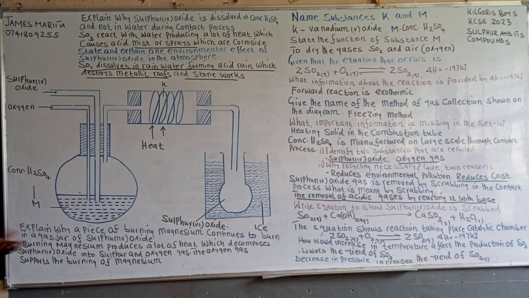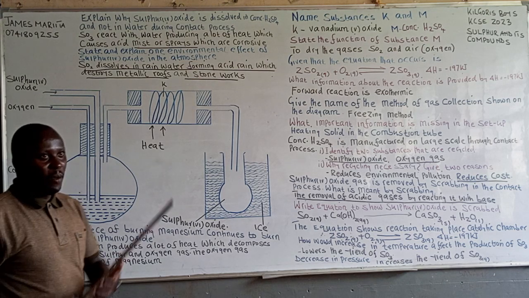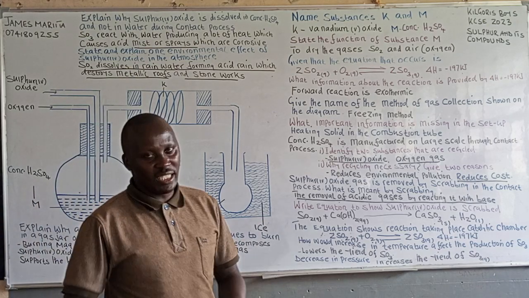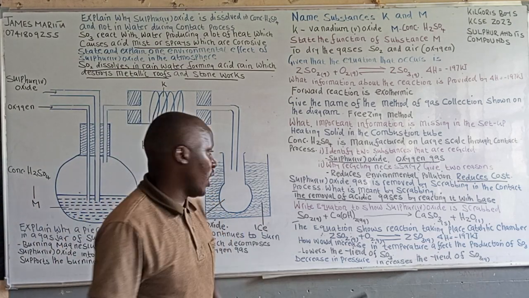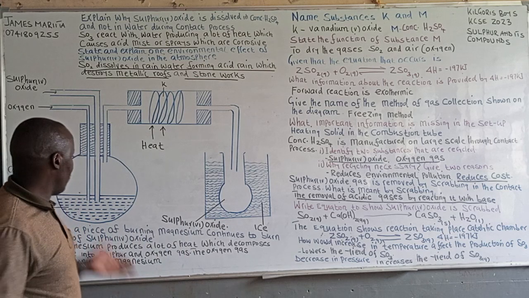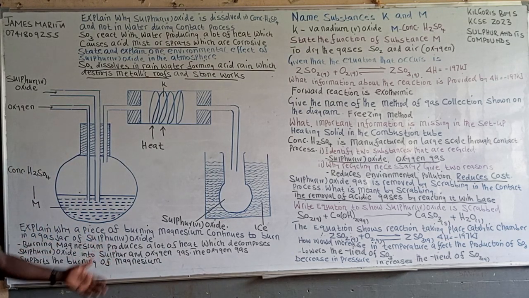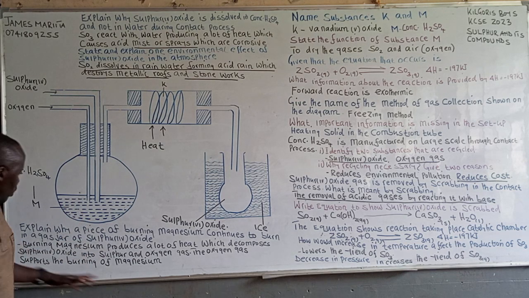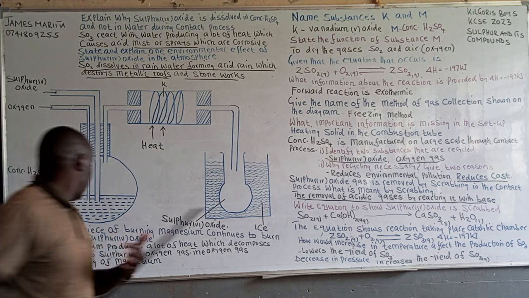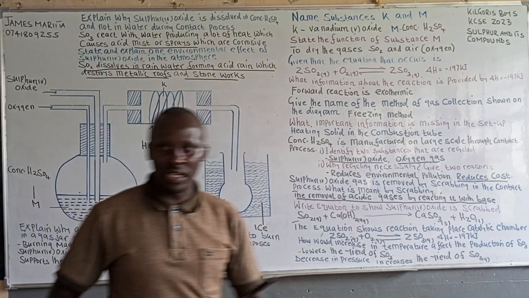Another very important question also: explain why a piece of magnesium metal continues to burn in a gas chamber full of sulfur oxide gas. During the burning of this magnesium in sulfur oxide gas, the magnesium produces a lot of heat, which decomposes sulfur oxide into sulfur and oxygen.